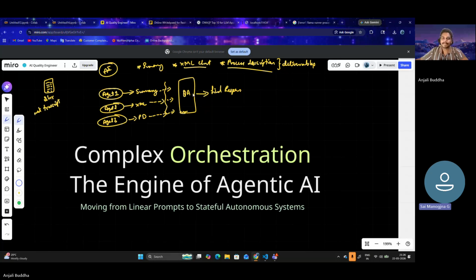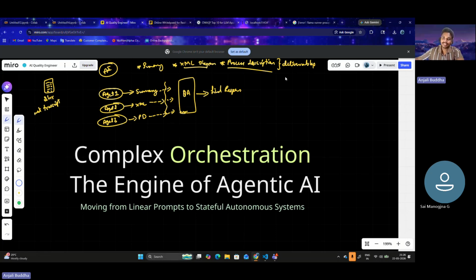I mean that XML diagram. Yeah, diagrams. Let me remove this and put a diagram here.